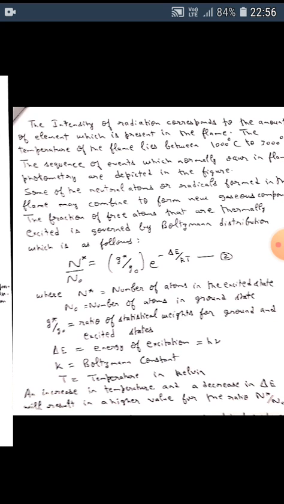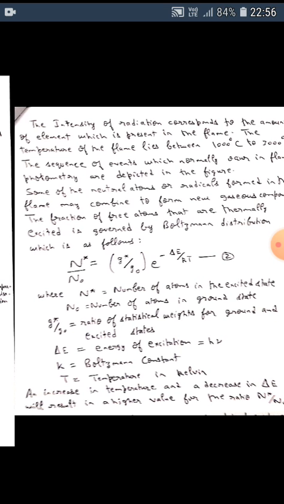Now this is inversely proportional to the lifetime of the excited state, and n0 represents the number of metal atoms per ml which are capable of absorbing the radiation. The integrated absorption coefficient is directly proportional to the concentration of the absorbing species.